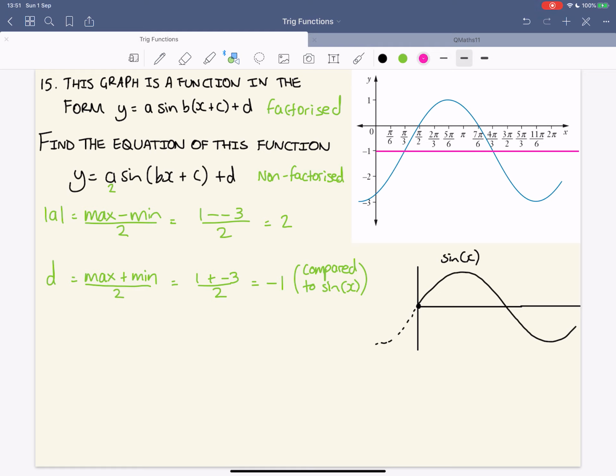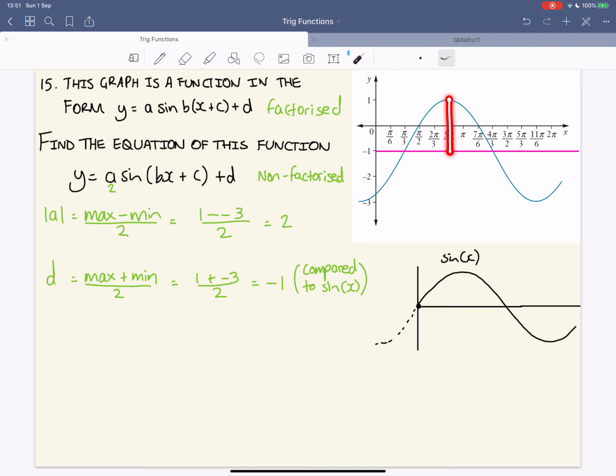So does this make sense? Does this -1 make sense with what else we have found out, i.e. our amplitude? Well, it does, because if you think about it, our amplitude is the distance from the top or the bottom, but we'll go with the top here, to the middle.